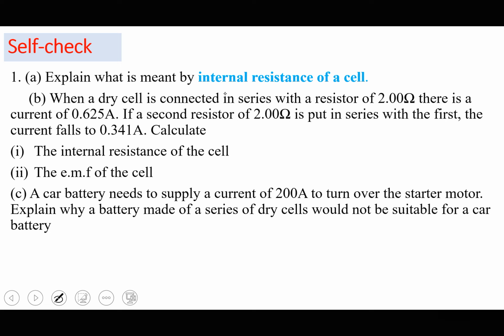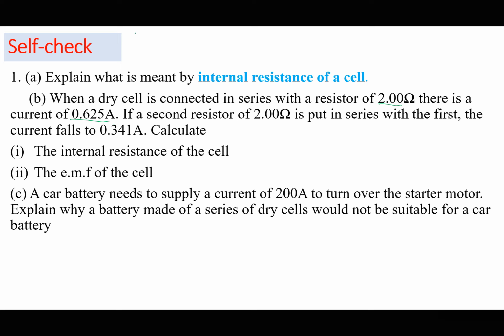Okay, so explain what is meant by internal resistance of a cell. So we know that internal resistance is the resistance between the terminals of a battery, which accounts for the loss of energy inside the cell. When a dry cell is connected in series with a resistor of 2 ohms, there is a current of 0.625 amperes.